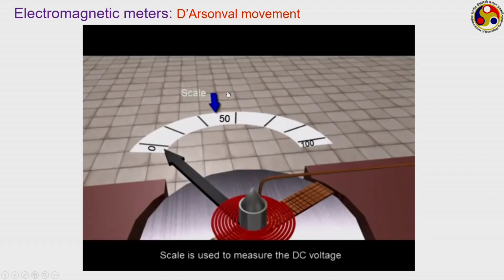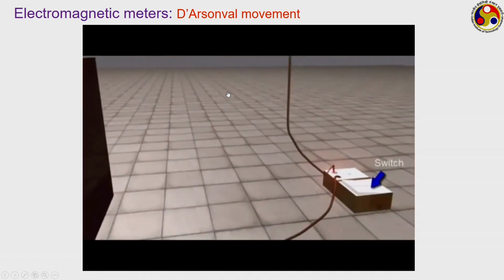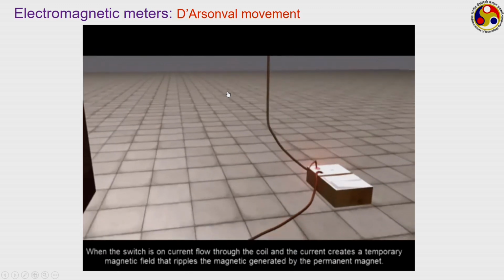Now if we switch on the power, I should mention we are talking about the measurement of direct current only, that is DC current or voltage. When the switch is off, there is no current flowing through the circuit, and therefore there is only a single magnetic field generated by the permanent magnet, but no magnetic effect from the coil.